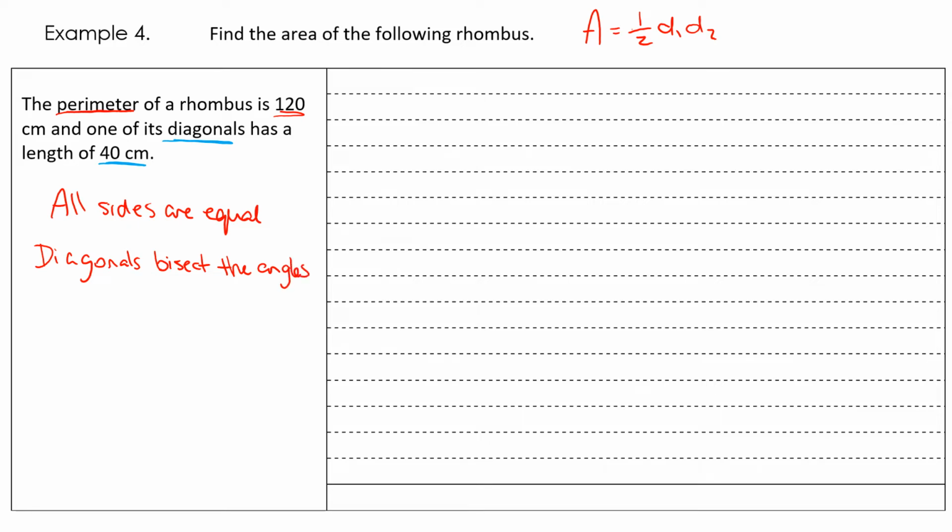or the corners. So let's draw a rhombus so I can explain what I'm talking about. A rhombus looks like a square, but it has been leant to the side. So all sides are the same, 1, 2, 3, 4. Opposite sides are parallel.